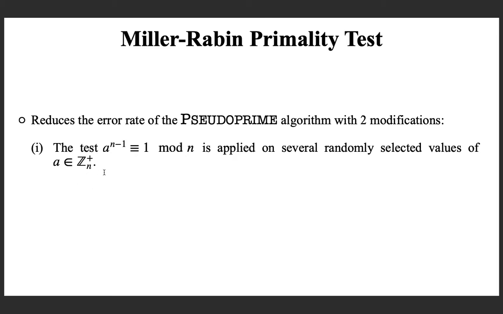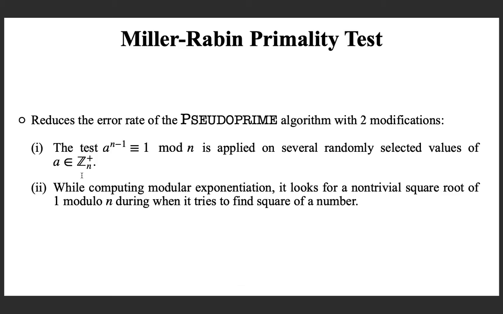Note that this will not allow you to completely rectify the error even if you take all the elements, because Carmichael numbers are those composite numbers for which the equation is satisfied for all elements in this set, but still non-prime.